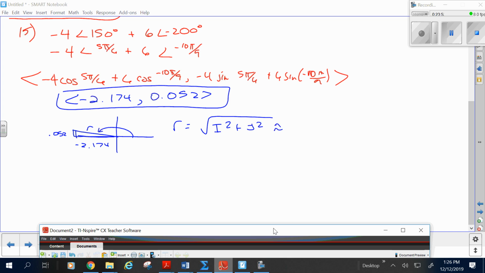And theta is something like, we're in radians, yeah? So pi minus inverse tangent of J over I. Once I get those done, I will be done.